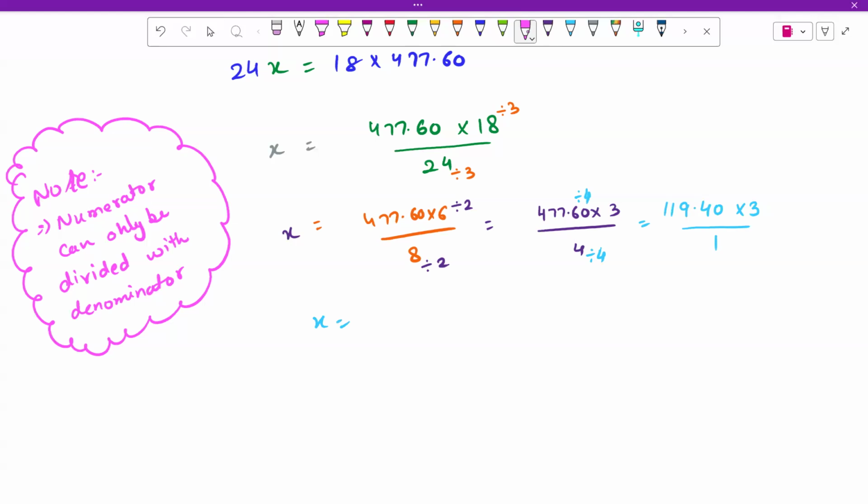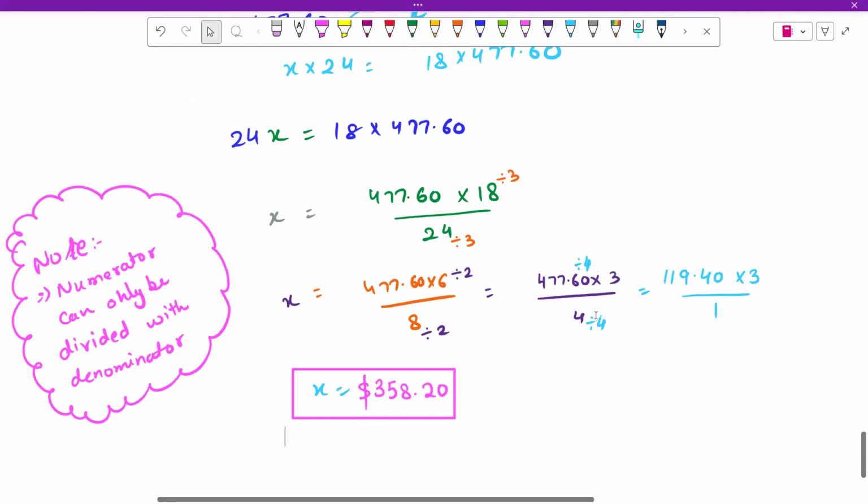I got 358.20 dollars, right? Perfect. Now see, why we went with this approach over here, why we did not multiply and then divide.